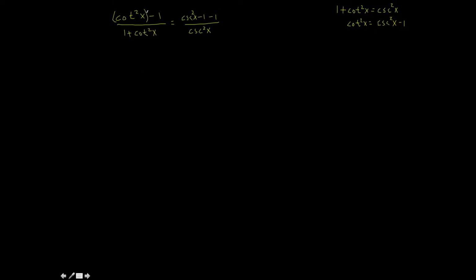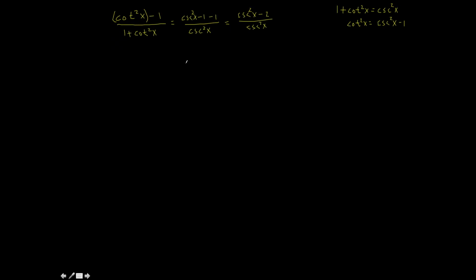Okay? Now notice what happens here. We have cosecant squared x minus 2 all over cosecant squared.